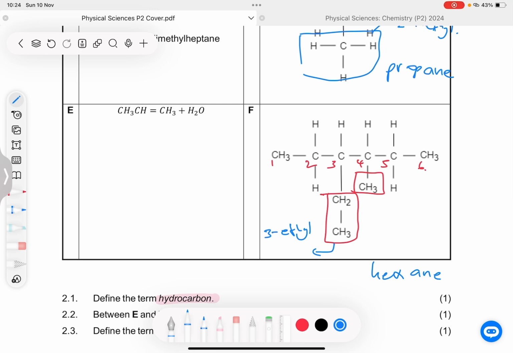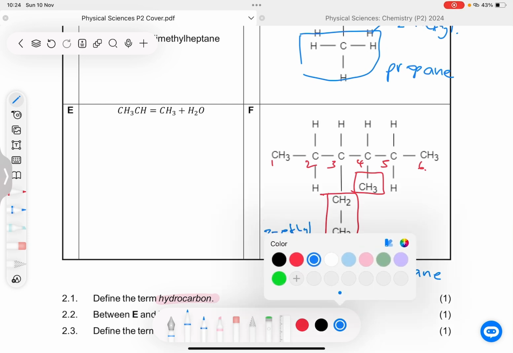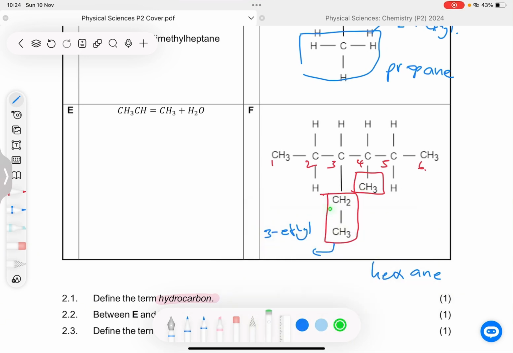Our branch chain here, an alkyl that we have here, is an ethyl because it has 2 carbons. But also when we come to carbon 4, we're going to have 4 methyl, right? Our alkyl group here, a branch chain here, is 1 carbon. We only have one carbon, so that is a methyl.